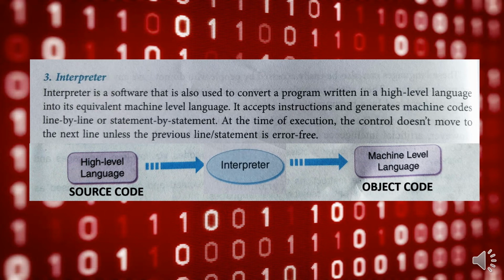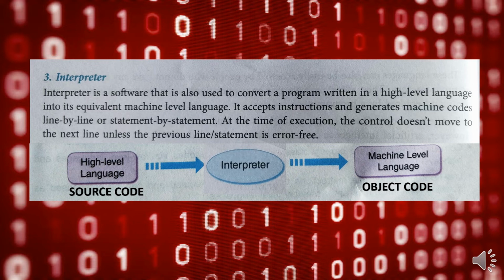Let us talk about the third translator, that is interpreter. Interpreter is a software that is also used to convert a program written in a high level language into its equivalent machine level language. It accepts instructions and generates machine codes line by line or statement by statement.